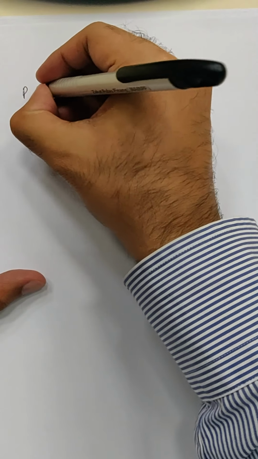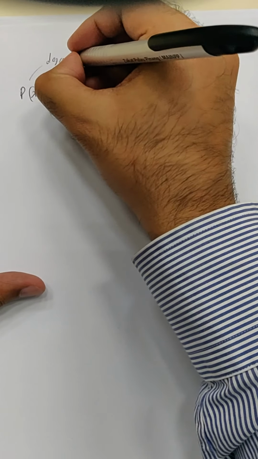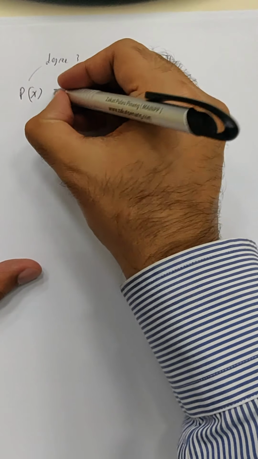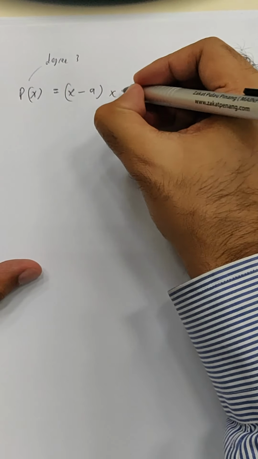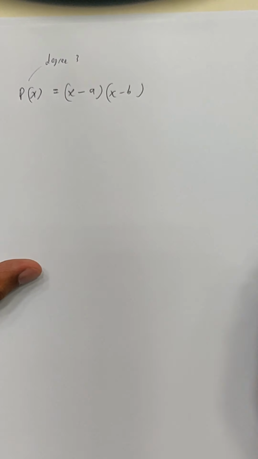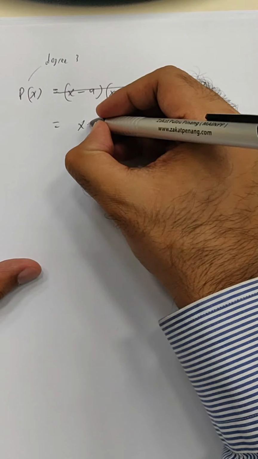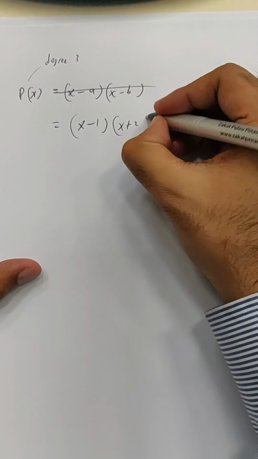So we know P(x) has a degree 3. So I can say it is x minus a, x minus b, or we can just straight away say x minus 1, x plus 2 and another factor.